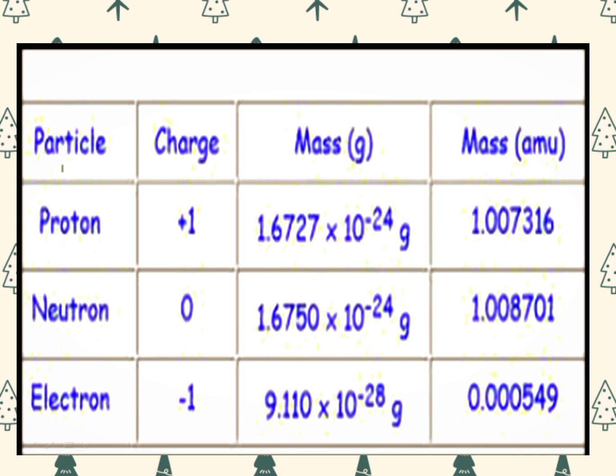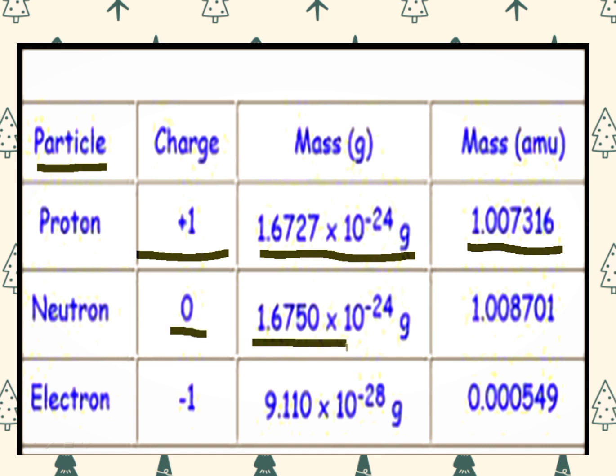Particle proton: the charge, as you know, is positive, so plus 1. The mass in grams is 1.6727 into 10 raised to minus 24 gram, and in atomic mass unit it is 1.007316. Neutron: a neutron has no net charge, so its charge is 0, and its mass in gram is 1.6750 into 10 raised to minus 24 gram, and its atomic mass unit is 1.008701, which is nearly equal to the mass of the proton.